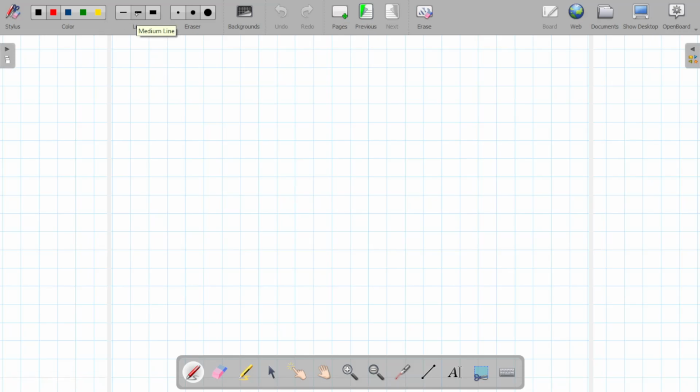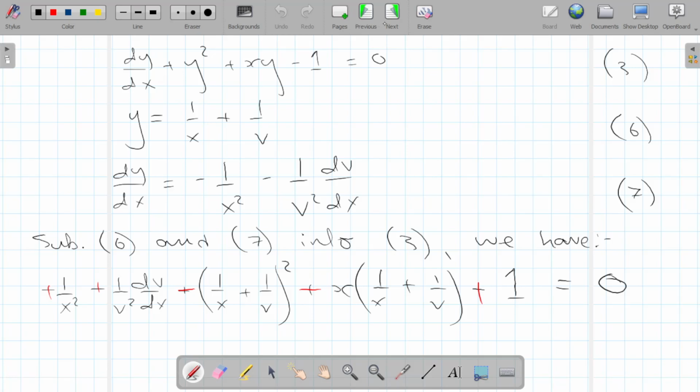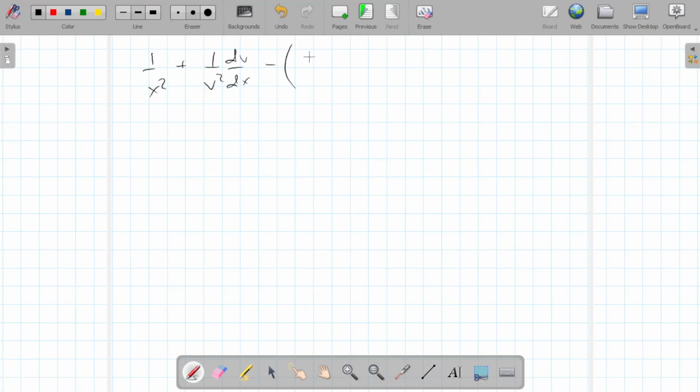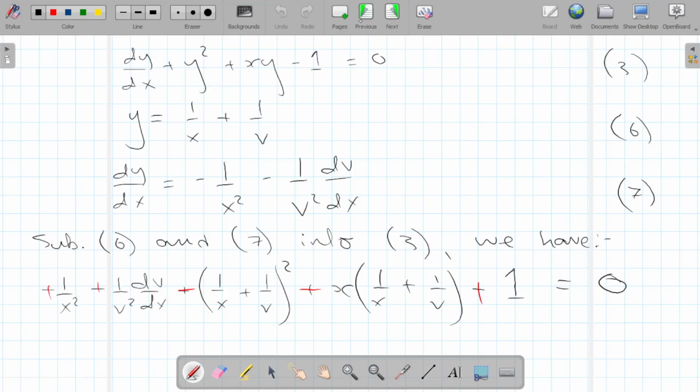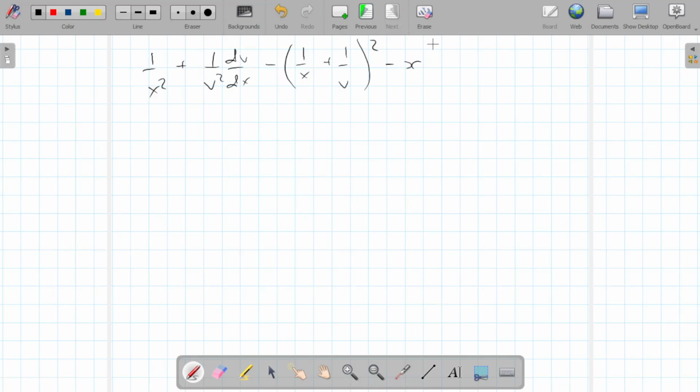So what we've got now is 1 over x squared plus 1 over v squared dv by dx minus 1 over x plus 1 over v squared, minus x times 1 over x plus 1 over v, minus 1 equals 0.